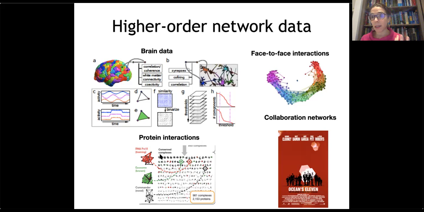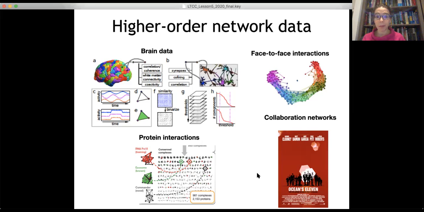And in collaboration networks, such as movie collaboration networks, you can have movies with more than 2 main actors, or in science you can have papers with more than 2 authors. So you can have interactions that really go beyond pairwise interaction.